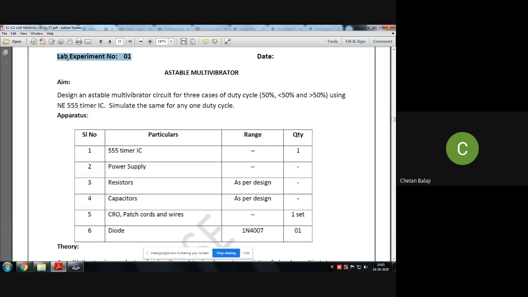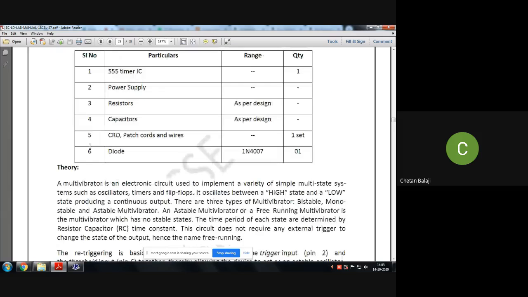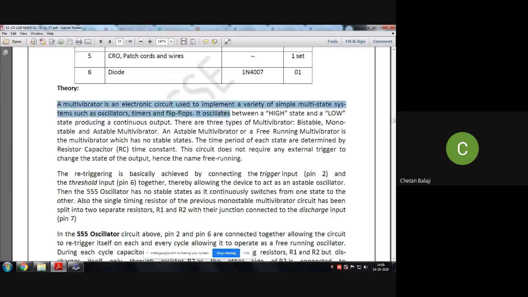Okay, let's see what is multivibrator first. Take up the definition, the line that I have marked there.